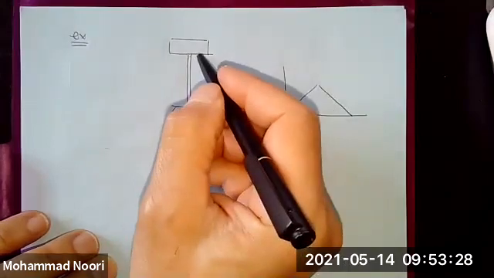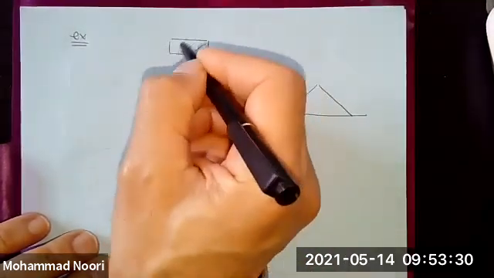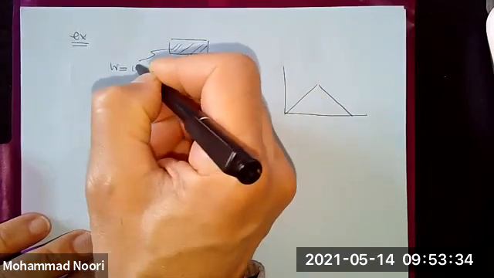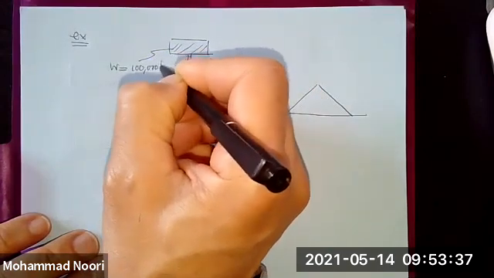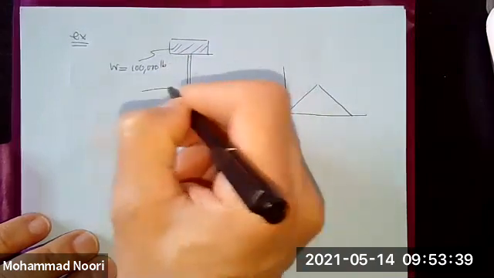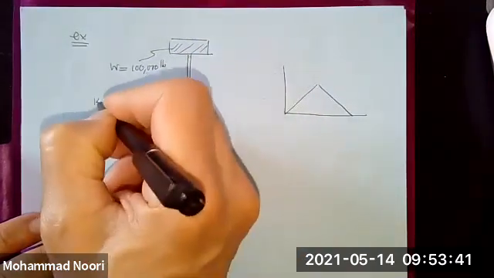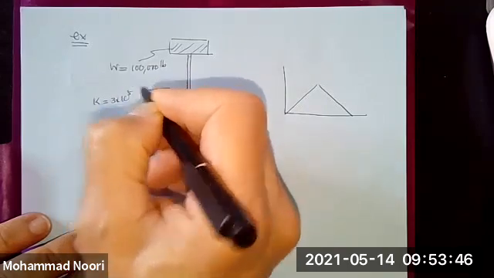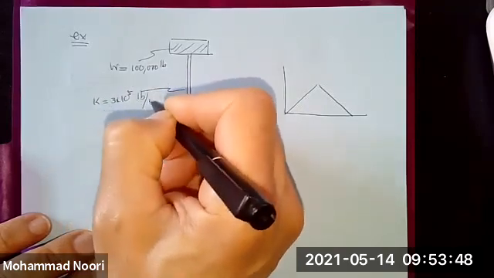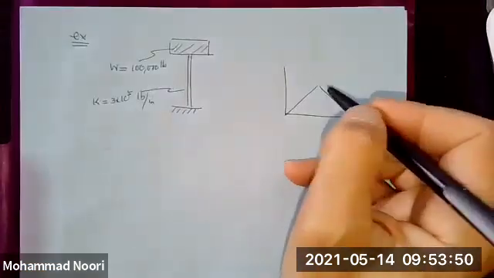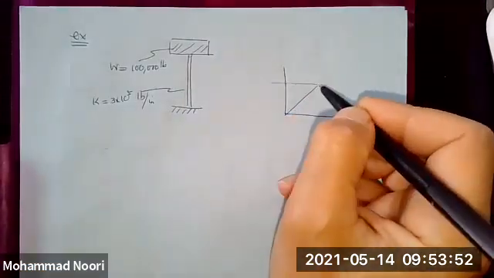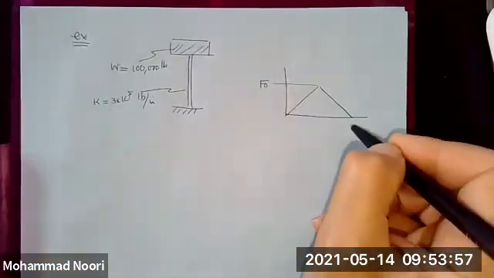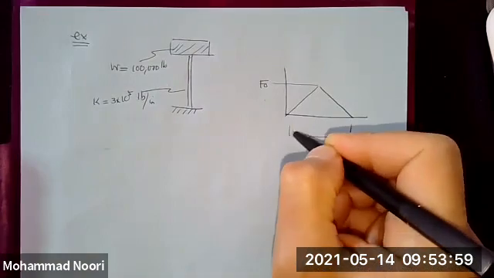So let's say we have a problem. This is a water tower, okay, with a water weighing, let's say, 100,000 pound force. The stiffness of the column is given at, let's say, 3 times 10 to the 5 pound per inch. So this water tower is subjected to a blast loading with a very short duration.